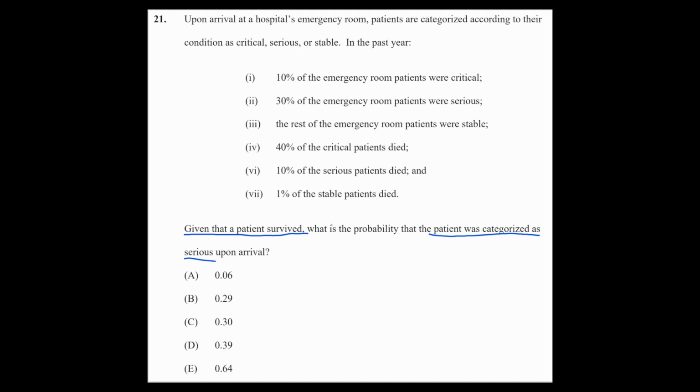So let's make a table again. So we're going to write down here critical and serious and stable.